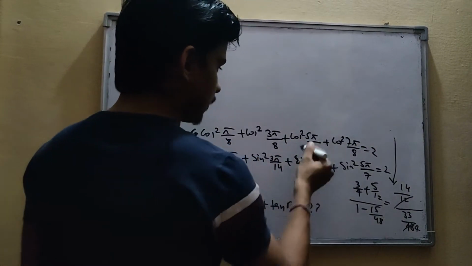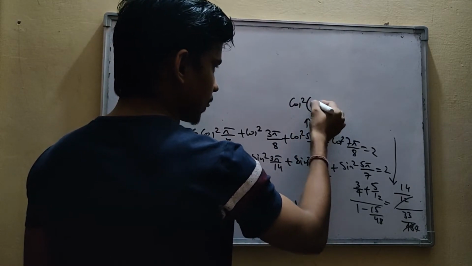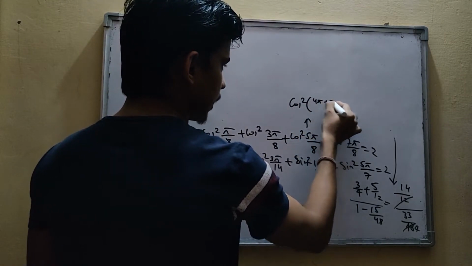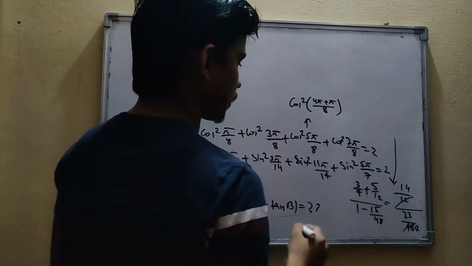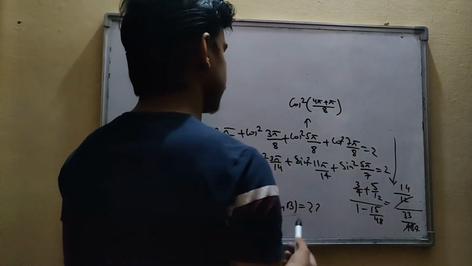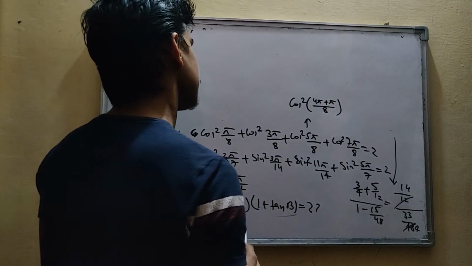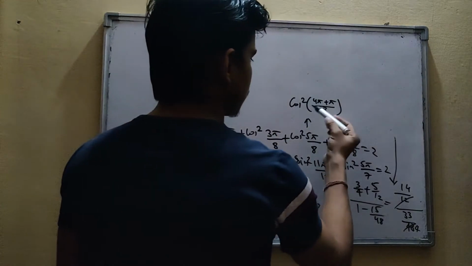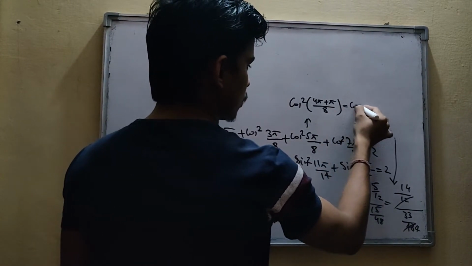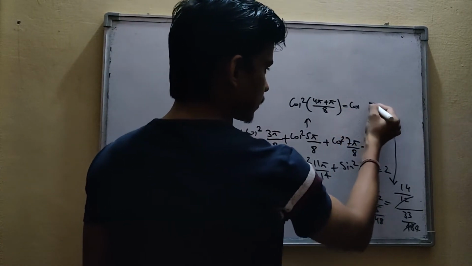Let's break them. If I write it like this, cos square (4 pi plus pi by 8). Now if I do so, so what is it going to be? Yes, right? So this can be written as cos square, or you can write it like this as well.